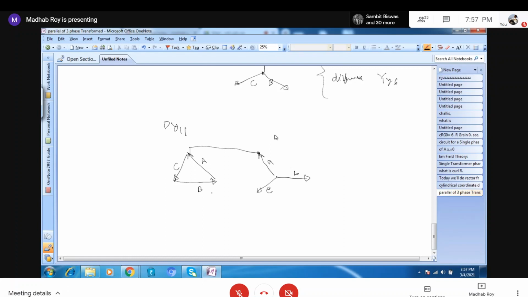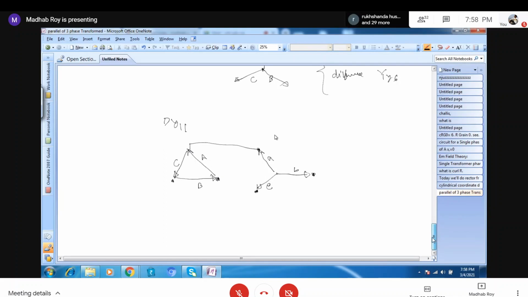Then you can measure the voltage from B to C and the voltage between B to B, and similarly the voltage between C to C and the B to C to B. So thus you can identify what is the phasor vector group. So this is the connection you have to read, and vectorially you have to see what the resultant should come and what the voltmeter is giving.